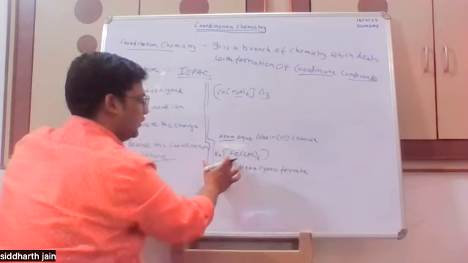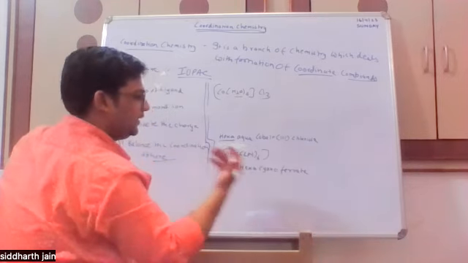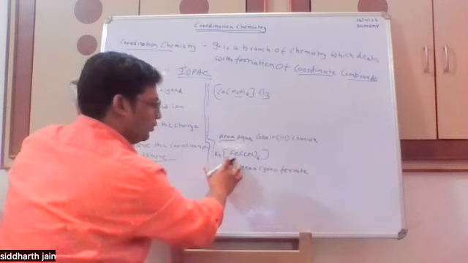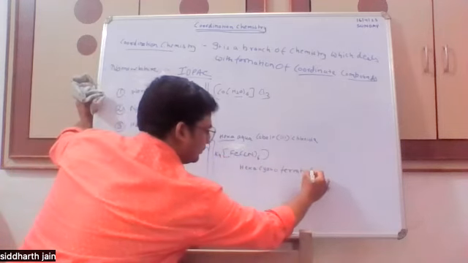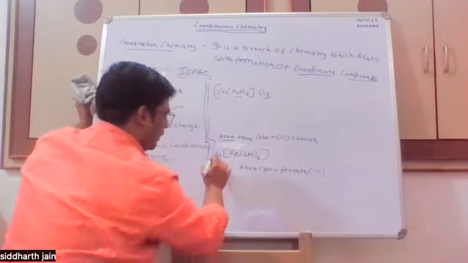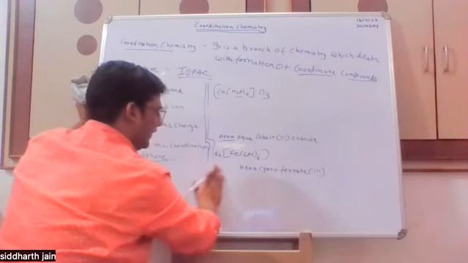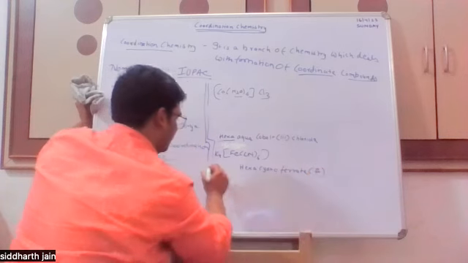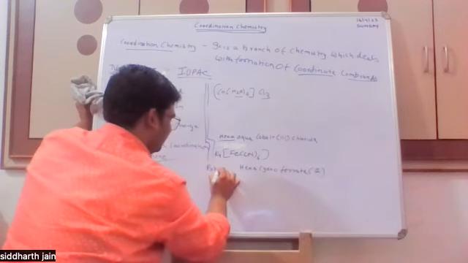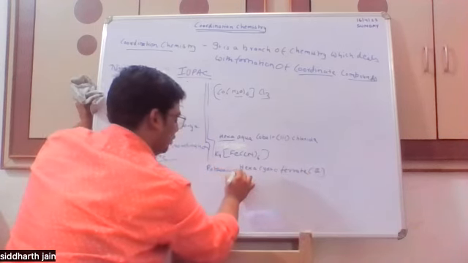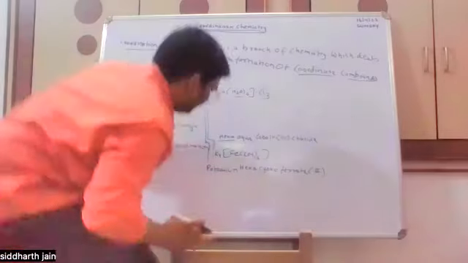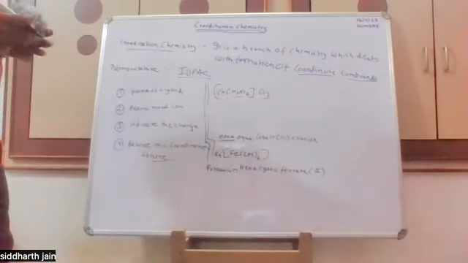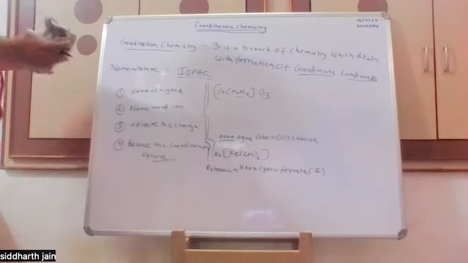I told you that for negative charge, we will write the ionic form. So we can write ferrate(III). And the potassium is balancing the negative charge of the ferrate ion. So we will write potassium to indicate that the charge is balanced. So like this, we can name the different coordination compounds. Yes, good.